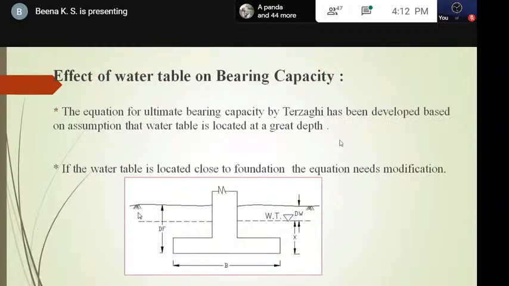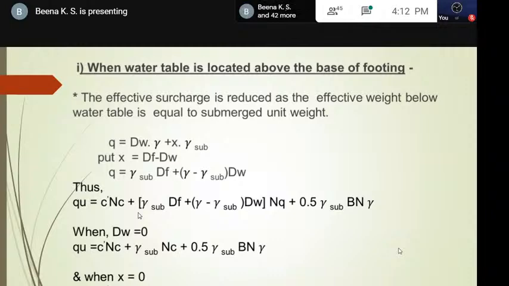So just to give an idea, the effect of water table on bearing capacity. Yesterday there was a question asking regarding that. That's why I thought I would include that. The equation for ultimate bearing capacity by Terzaghi is developed based on the assumption that the water table is located at a great depth. So if the water table is located close to the foundation, the equation needs modification. The effective surcharge is reduced.